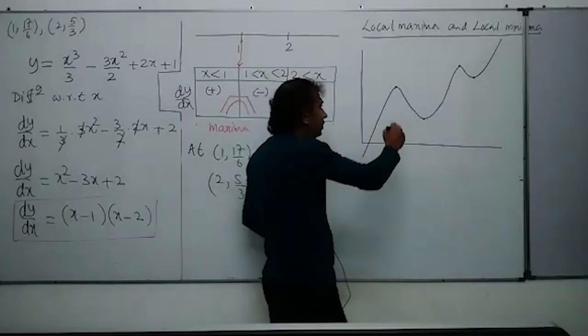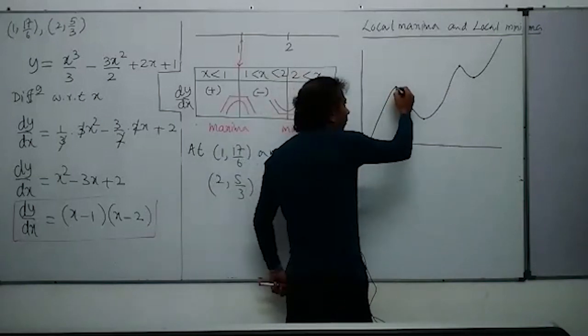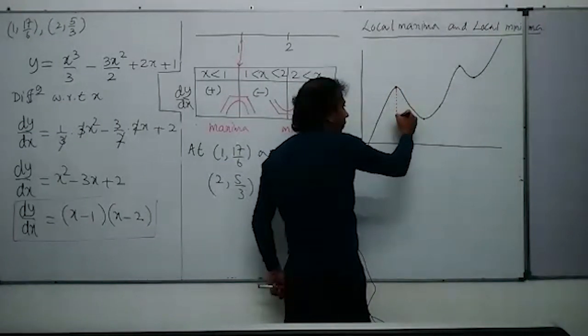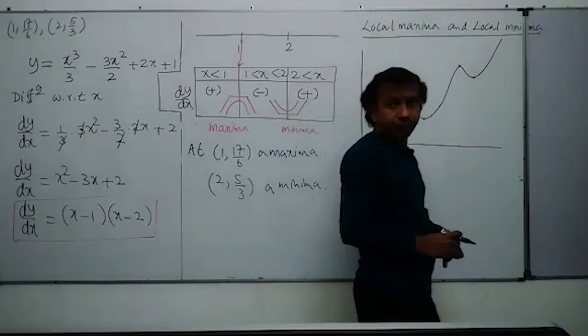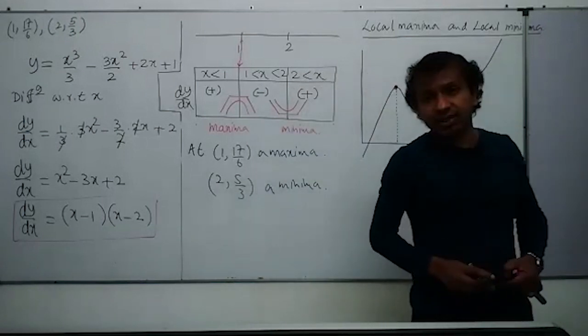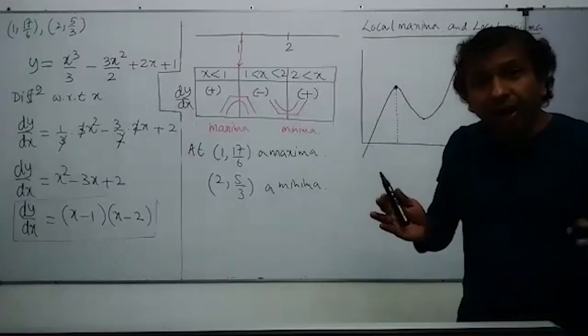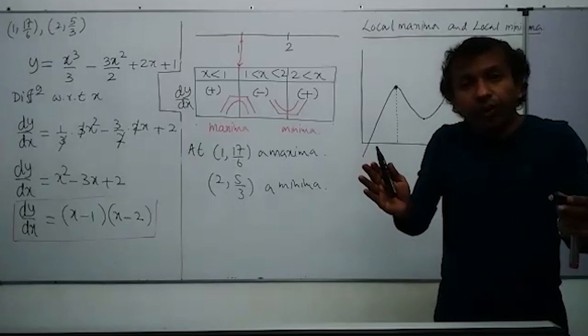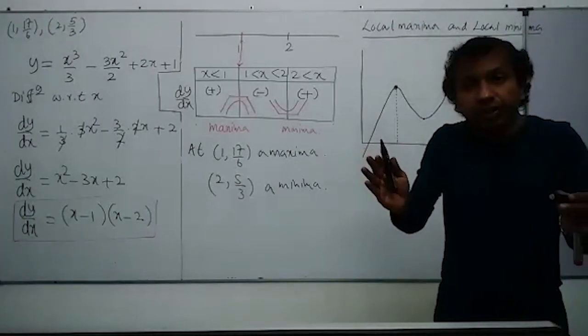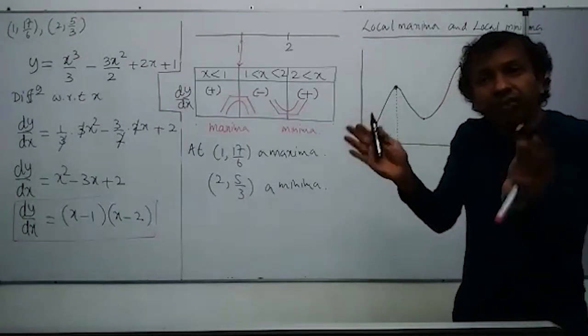People, when we consider this one, it is called the maxima. The y coordinate of this point is the greatest compared to the y coordinates of the neighboring points on either side of this point.